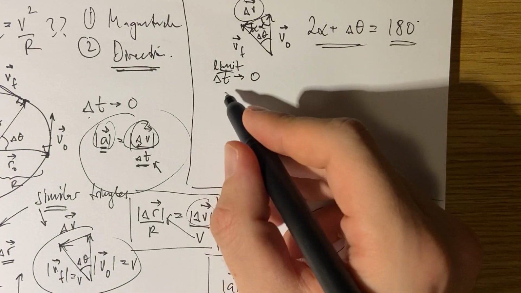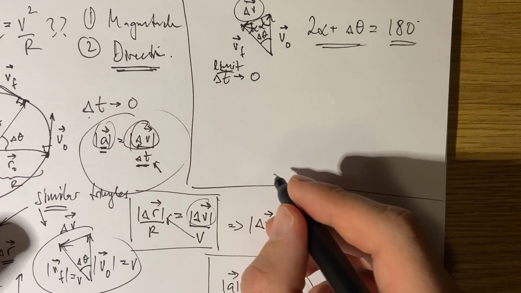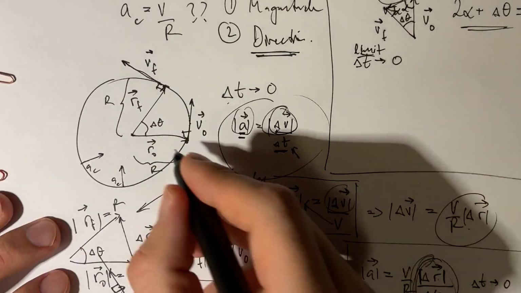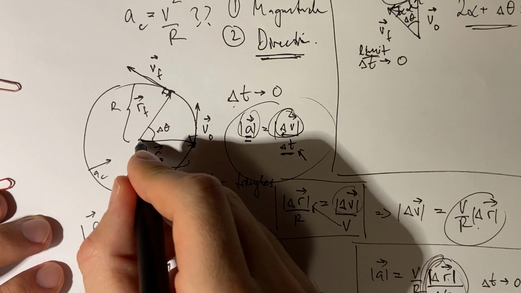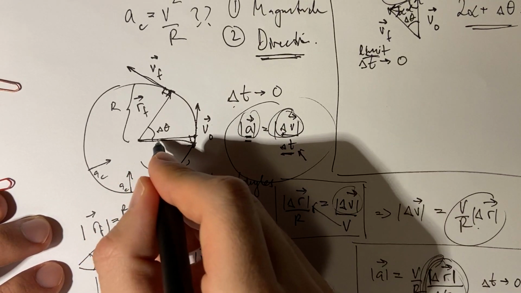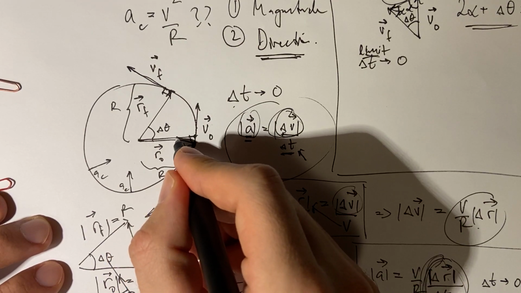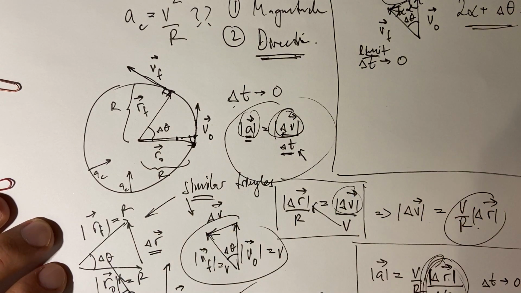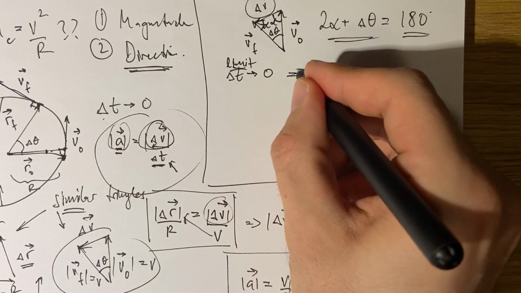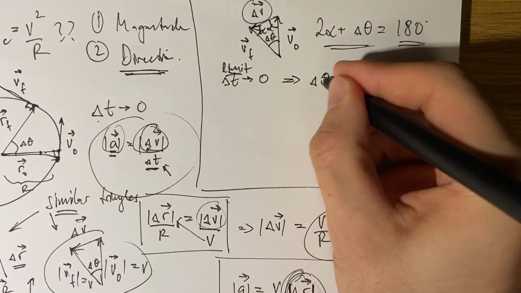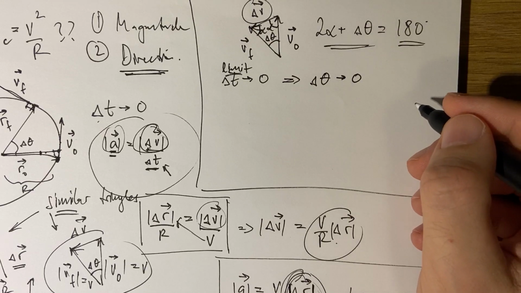But what happens when delta t goes towards 0? Well, when delta t goes towards 0, then this object will only have traveled a very short distance, and in other words, an infinitely small angle here, which means that when delta t tends towards 0, then delta theta will tend towards 0 as well.